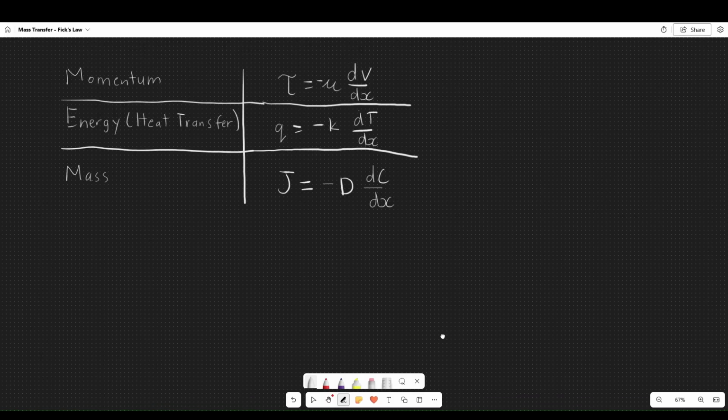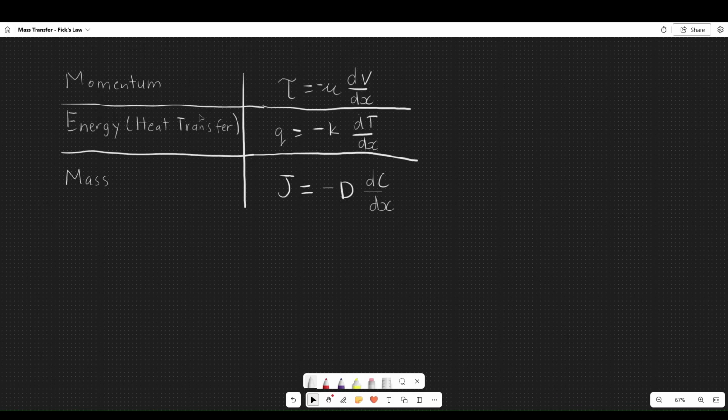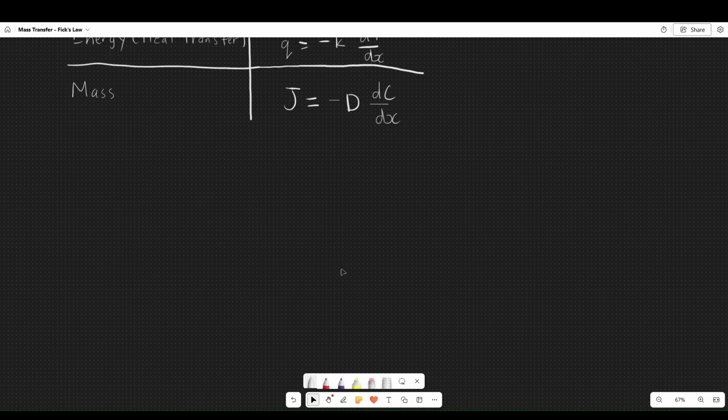Okay, so now that we've isolated mass transfer and said that it's very similar to the others, let's talk about it in specific. When it comes to mass transfer, there are two main means of moving things from one side to another. What are those two ways?